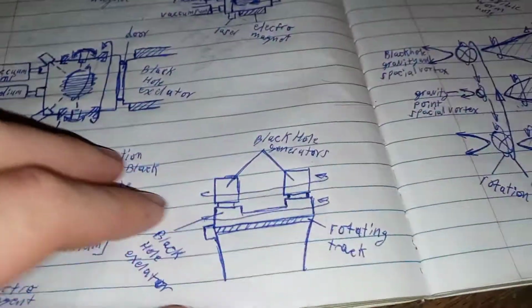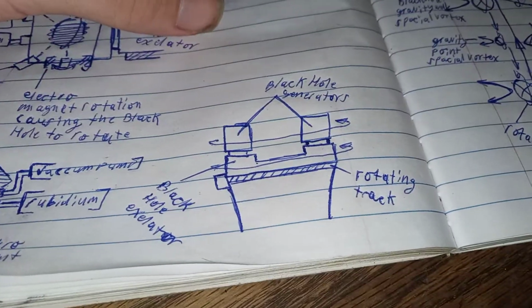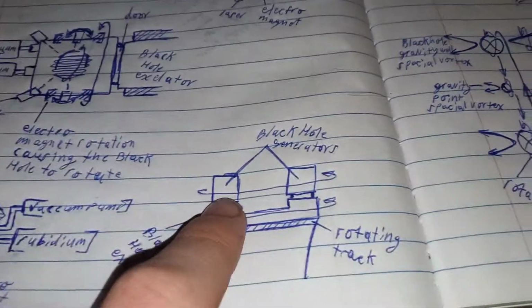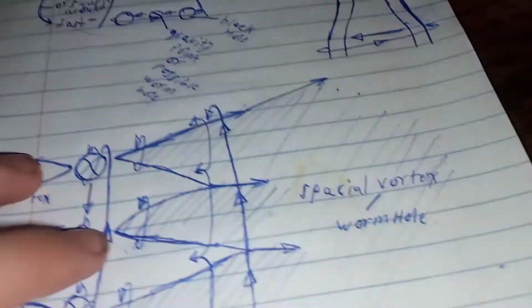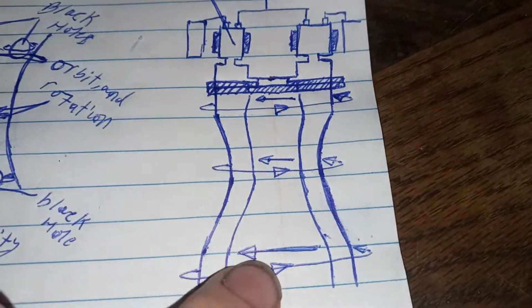And as you're pushing it out into the void, you're rotating the black hole. You can either A, rotate the black hole generators, or B, rotate the entire nozzle system that the black holes will be coming out of.